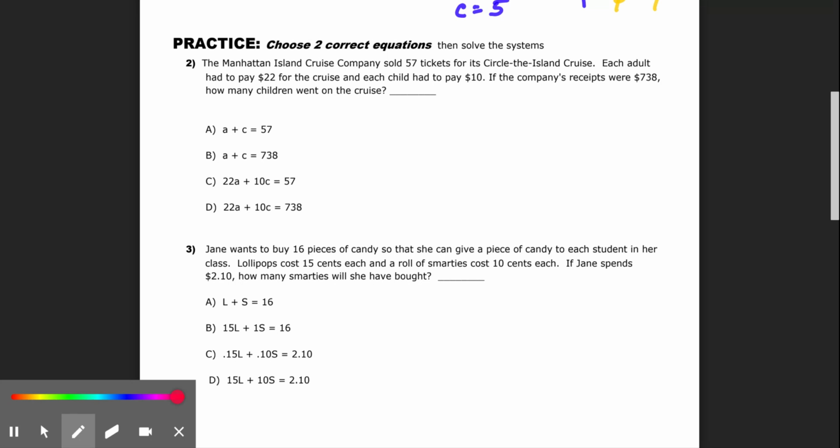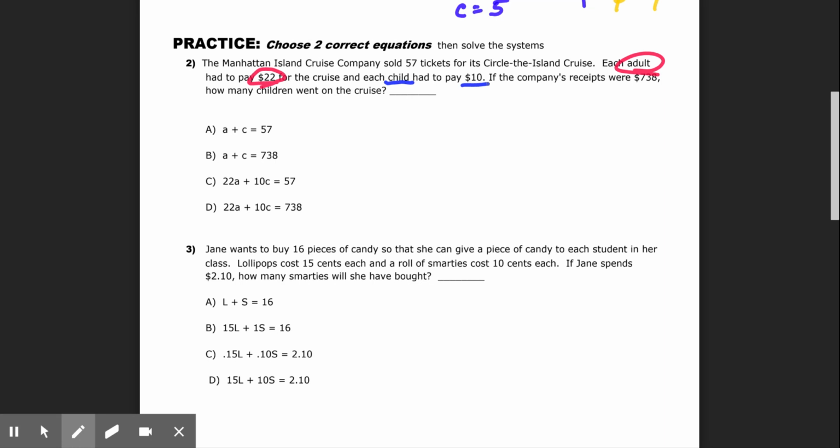So there's a total of 57 tickets. Each adult had to pay $22. And then each child had to pay $10. If the company's receipts were $738, how many children went on the cruise?